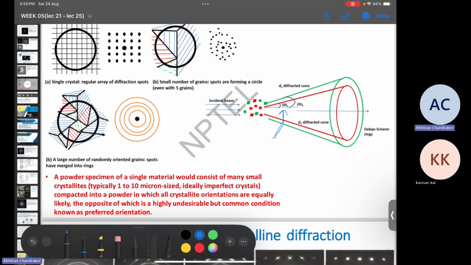It's just that it will get rotated. So for one particular theta, you'll have a whole circle that will form on the screen, and this circle will correspond to the lattice plane from which diffraction is happening at an angle of 2 theta, and as a result we get these rings.